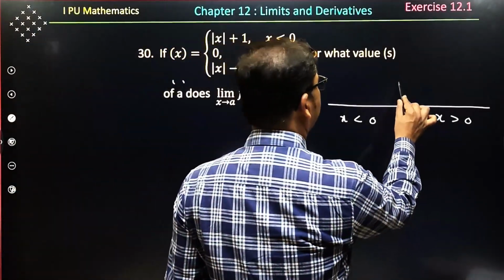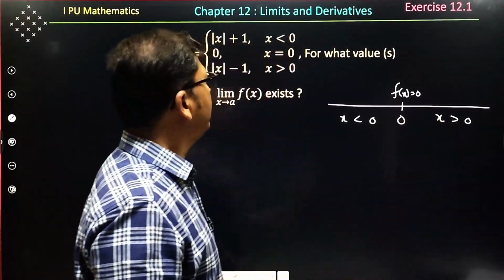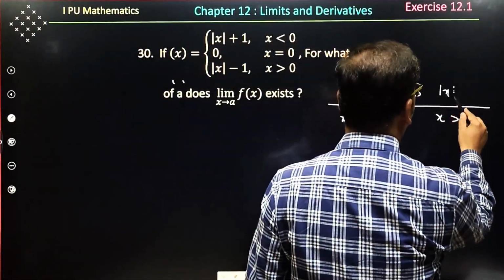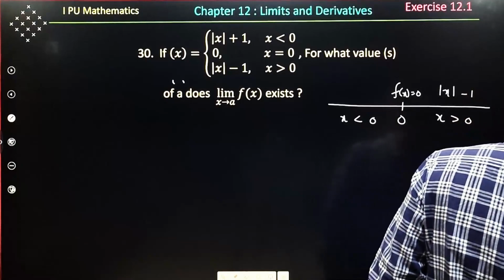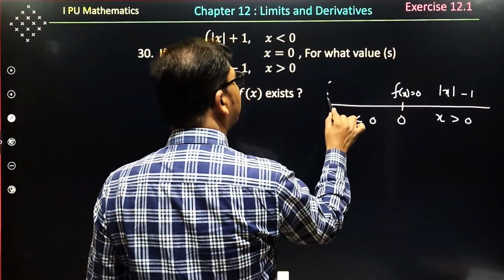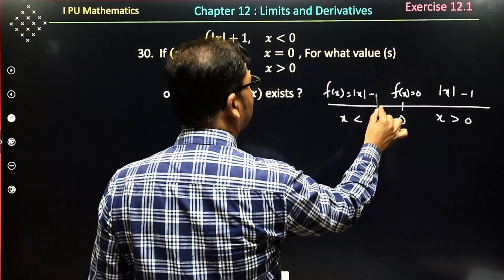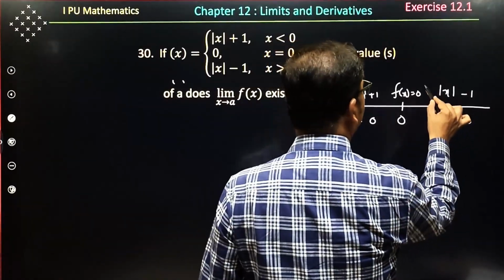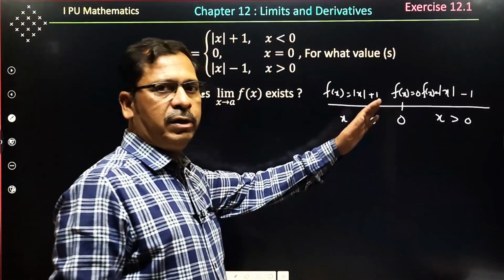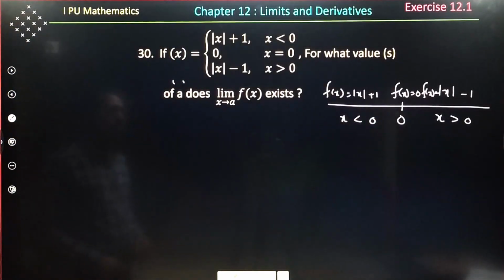When x is greater than 0, the function is defined by mod x minus 1, and when x is less than 0, the function is defined by f(x) equal to mod x plus 1. So keep this in your mind: f(x) is equal to mod x minus 1 when x is greater than 0, and when x is less than 0, f(x) is equal to mod x plus 1.